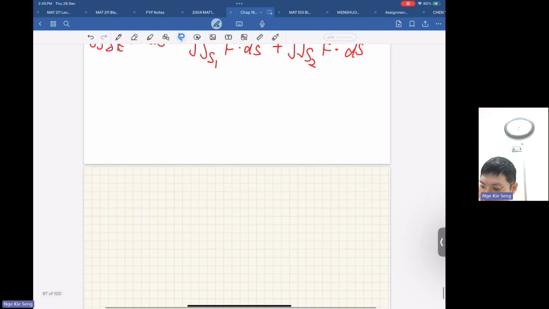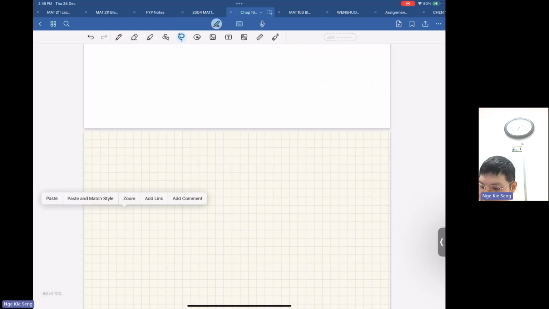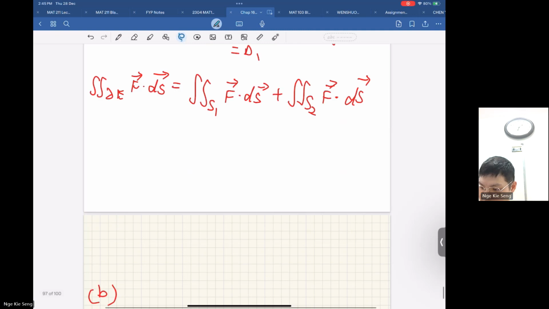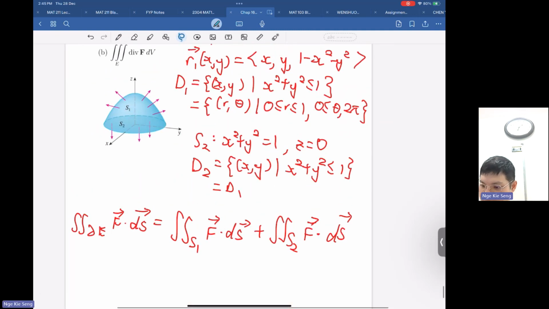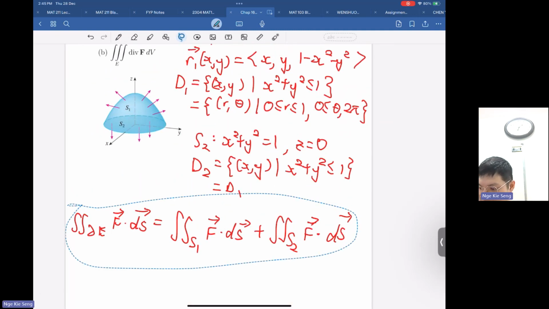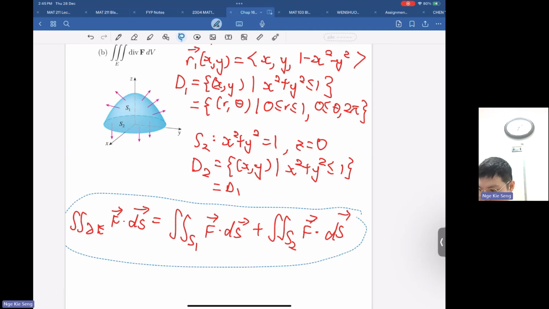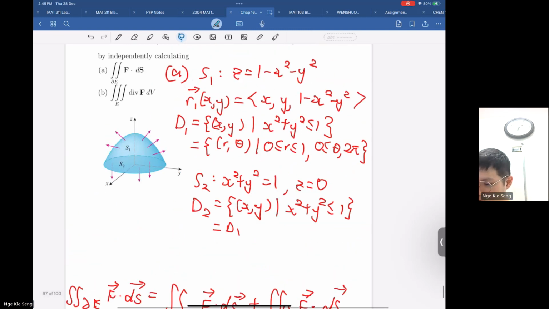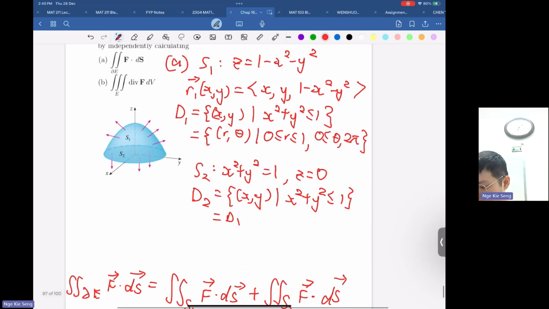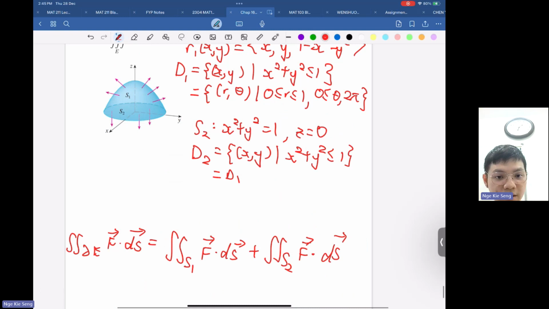To do the flux integral, you need the normal vector. So we need to go and find the normal vector. What's the normal vector we need to use here?